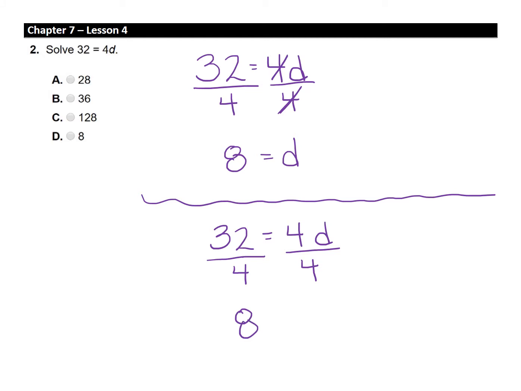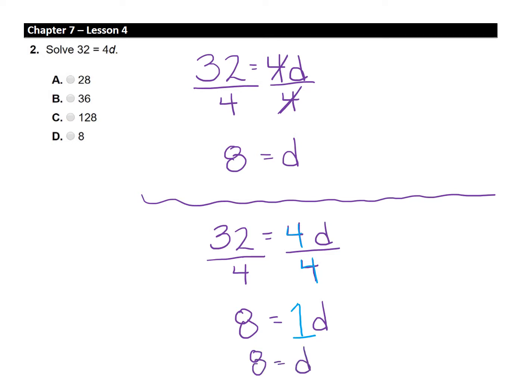So that's easy. Okay, now 4 divided by 4 equals 1. So I could write 1d. Okay, and what's 1 times d? Well, it's d.